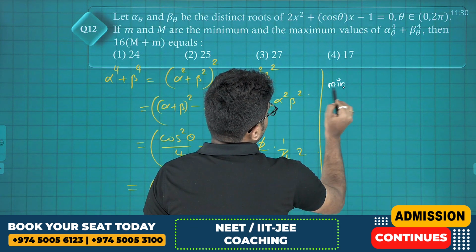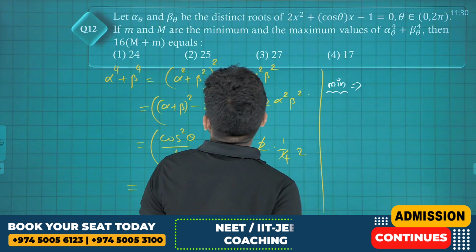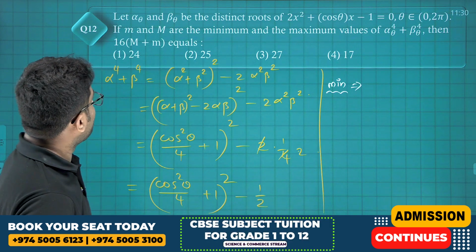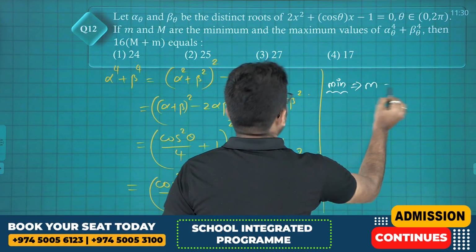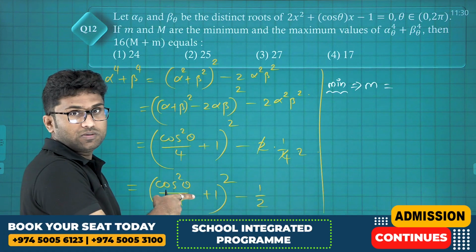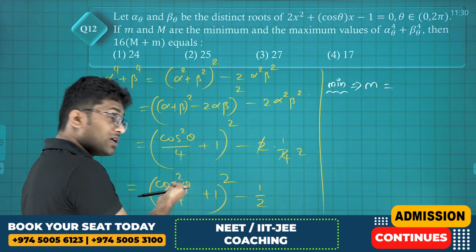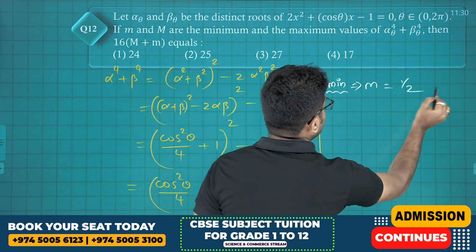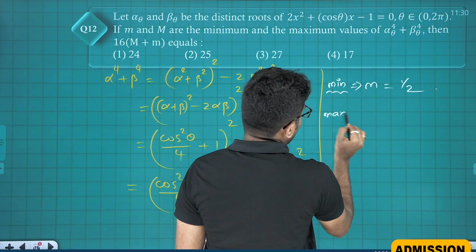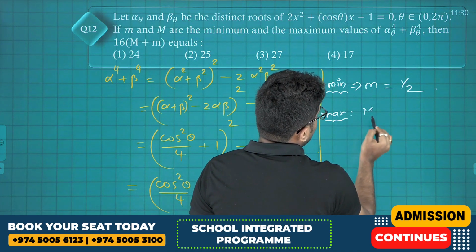What is minimum? Minimum is small m, no? So small m is equal to, you will get minimum when cos theta is minimum, correct? So cos square minimum is 0. 1 minus 1 by 2, which is 1 by 2. And coming to maximum, you will get maximum when cos theta is maximum.